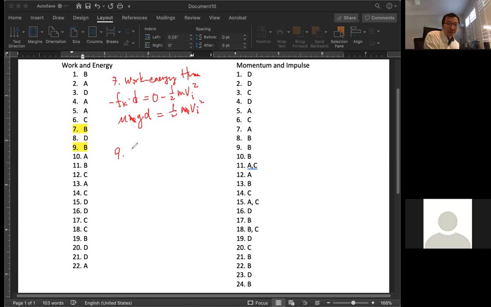At the halfway, the Ek should equal half of the initial Ek, because the other half has been converted into the potential energy, since the potential energy Ep is proportional to the height. So it's just a half. Yeah.